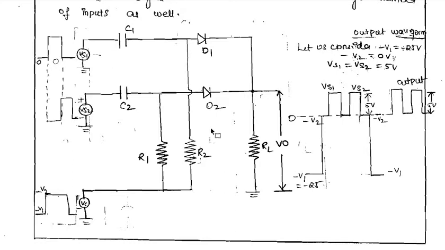But you are having a drawback over here. As the number of inputs increases, it will be increasing the load on this control signal. Whatever we have seen, minus V1 and minus V2, it will be controlling. If I go on increasing the number of sources here, it will be giving a heavy load to this control signal.